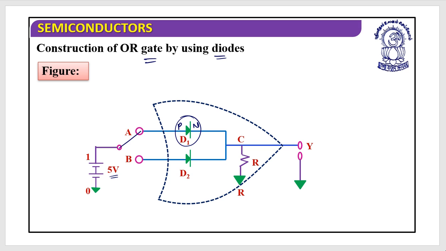Let's suppose we disconnect it from here and connect it over here, then this one is not connected. That means this is 0, this is 1, so this will behave as a closed path, and the output would be available at this position. Let's say if both are connected, then both will be conducting diodes, and when both diodes conduct, the output will be available at 1.